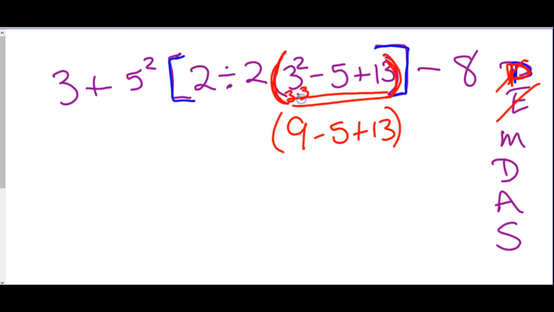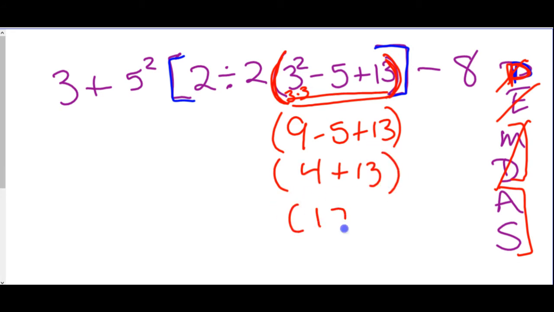Squared means multiply that number by itself. Then we look at multiply and divide. There is no multiplication and division inside those parentheses, so we can skip that. Then we move on to add and subtract. 9 minus 5 is 4, plus 13 is 17.